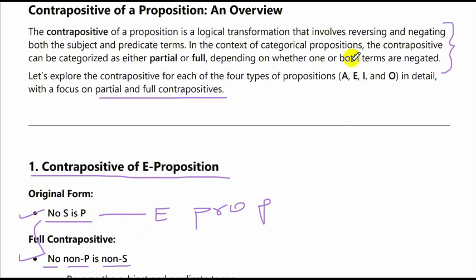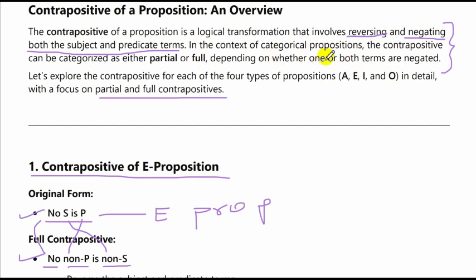So reversing: the P has become non-P and S has become non-S. First we have reversed the subject and the predicate, and then we have negated also. So both the subject and the predicate terms are reversed and also negated.